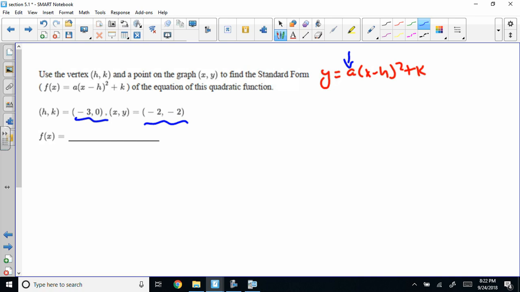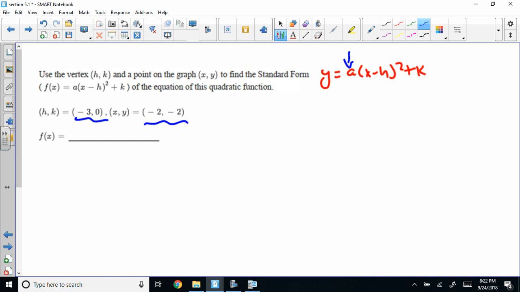What's the one thing that they didn't give us? The a, right? They gave us an h and k and an x and a y. So the only thing they did not give us was a, right?